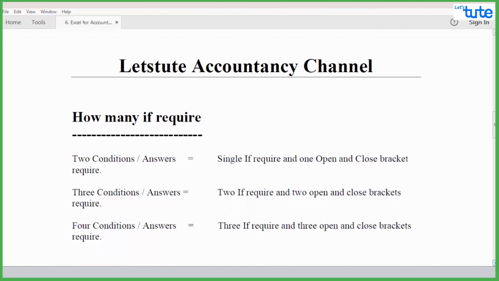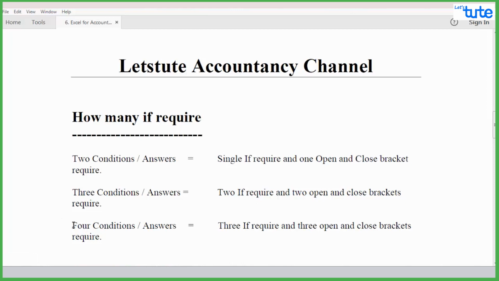Always keep in mind how many IFs are required, how to solve it, how to understand the formula, how to understand the condition. That basic you should understand. If there are two conditions, then a single IF is required. If three conditions are there, then two IFs are required.